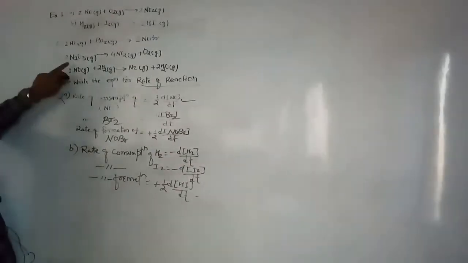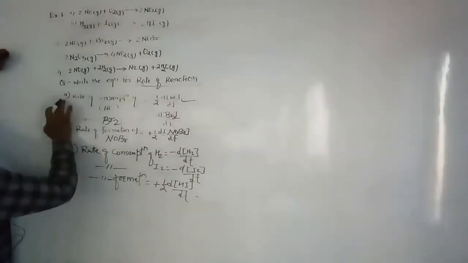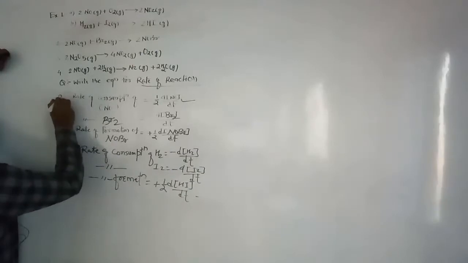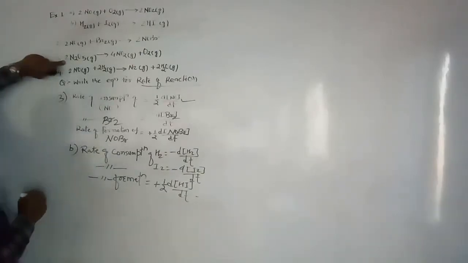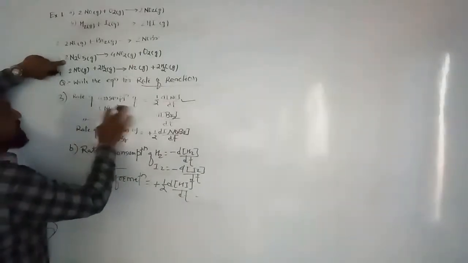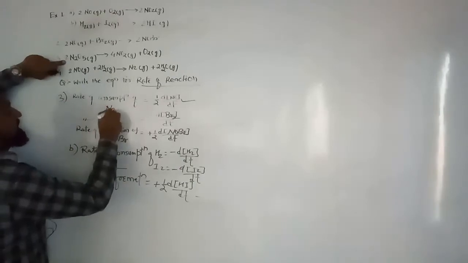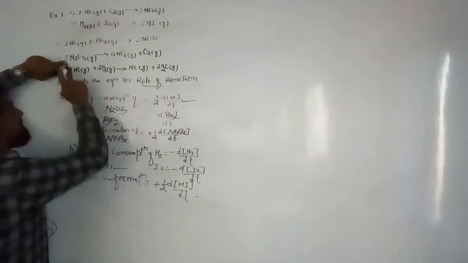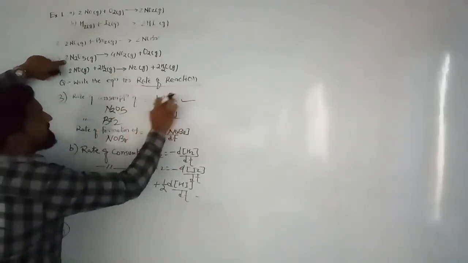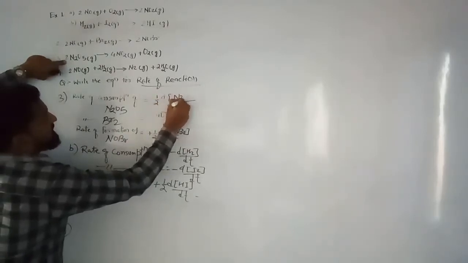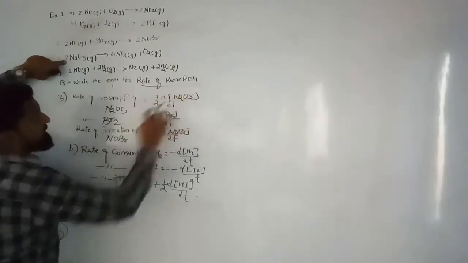After that, number 3. Twice N2O5, so rate of consumption of N2O5 is equal to minus half d[N2O5] upon dt.